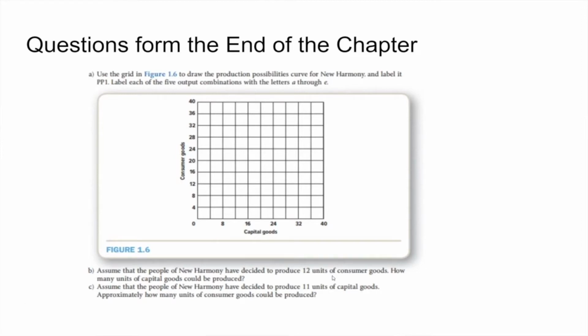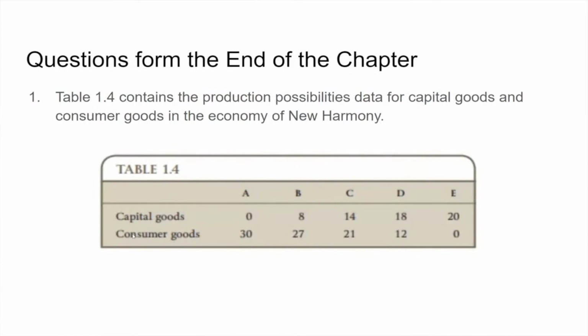Or if we go to the graph, 12 units of consumer goods right here would equate to 18 units of capital goods. So you can read it off the graph, or you can read it straight off the table.